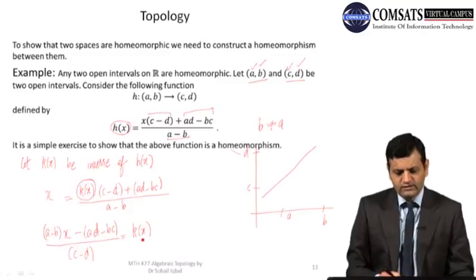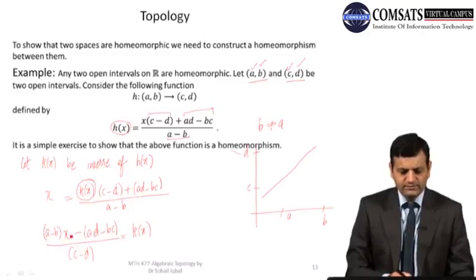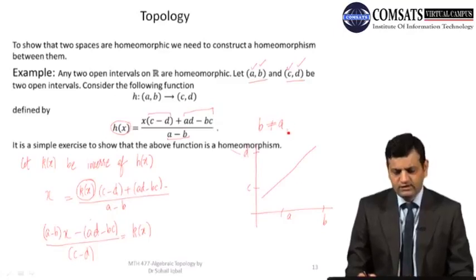Once again observe that this k of x is a linear function, because AD minus BC, A minus B, and C minus D are all numbers, and once again we have the condition that C should not be equal to D. It's a linear function, so it's bijective, but here we just need to check its continuity.